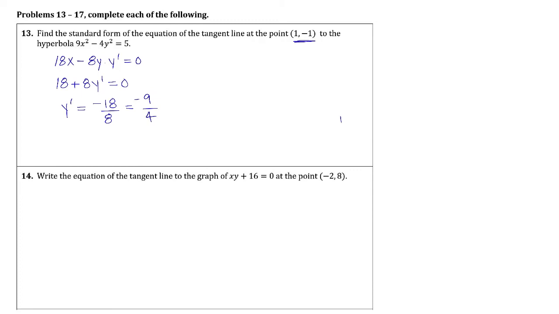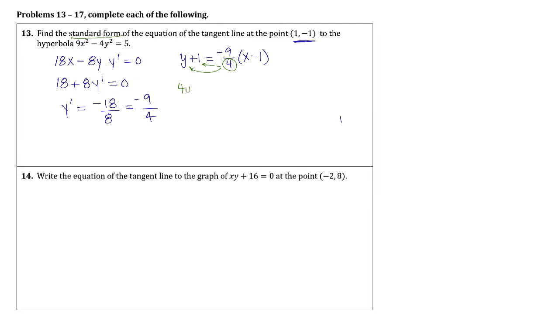So now we're ready to write our equation. We have y minus y1 equals negative 9 over 4 times x minus 1. Now here's where the rewriting comes into play in that standard form. We don't want to deal with that fraction, so I'm going to multiply that 4 to every part over here on the other side.